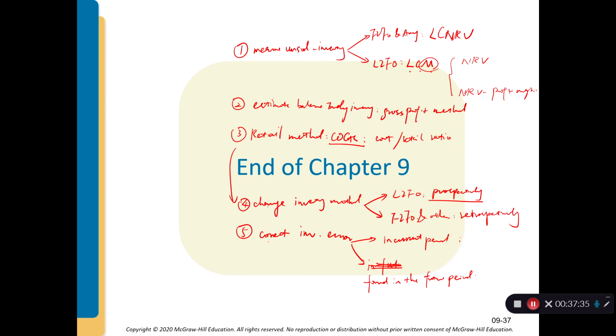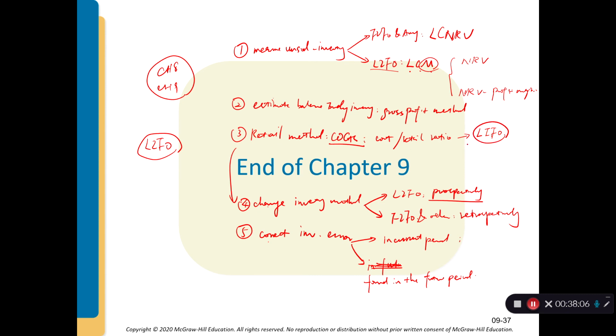And I believe based on the chapter 8 study and chapter 9 study, our inventory understanding has been improved a lot. And the most important thing is that the LIFO method always has a complication associated with it, because when you measure the unsold inventory, LIFO is pretty much different. And under the retail method, the treatment of LIFO retail is totally different as well, right?